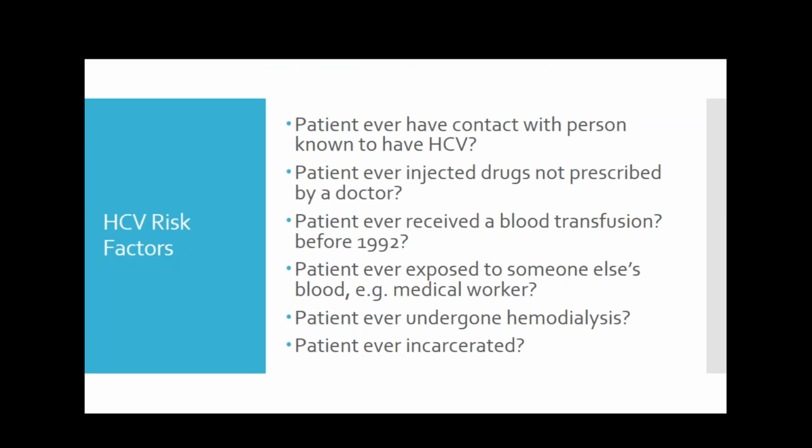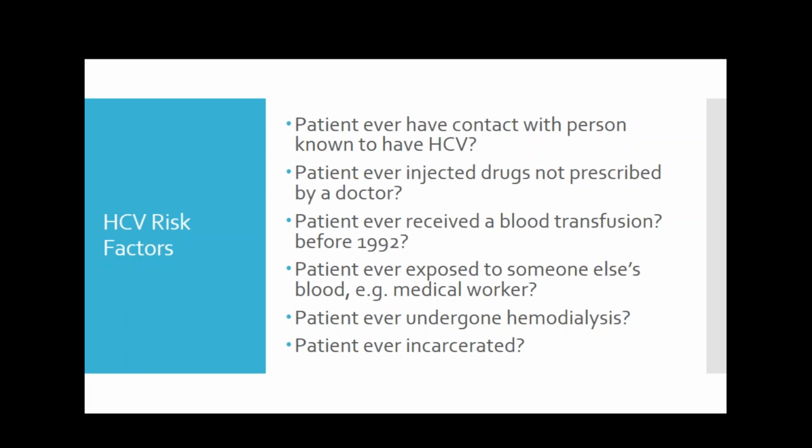Now, based on the Centers for Disease Control and Prevention's (CDC) recommendation, as well as grant requirements, we in New Jersey have incorporated questions geared at both acute and chronic cases. Those listed on this slide are the risk factors that we are most interested in. Has the patient ever had contact with a person known to have HCV? Did the patient ever inject drugs not prescribed by a doctor?